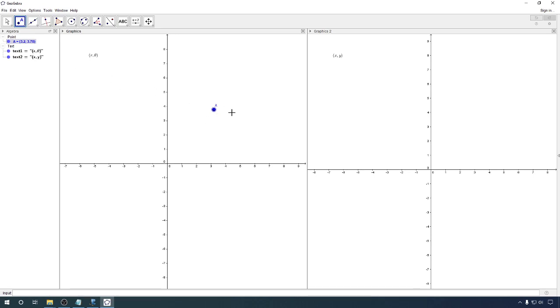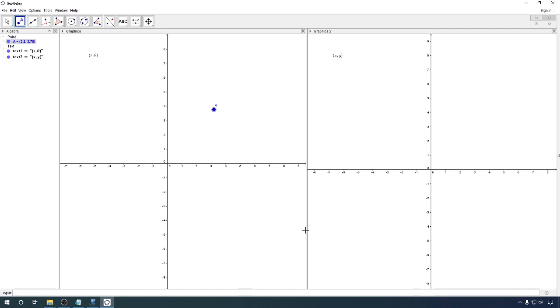So I plop that point there. It's saying x is 3.2 and y is 3.78. Really, we'd be saying that's the point where r equals 3.2 and theta equals 3.78. Then our transformation is going to take this point here and plot it over here in the xy plane.